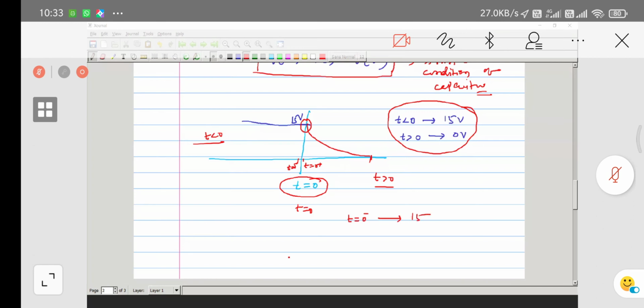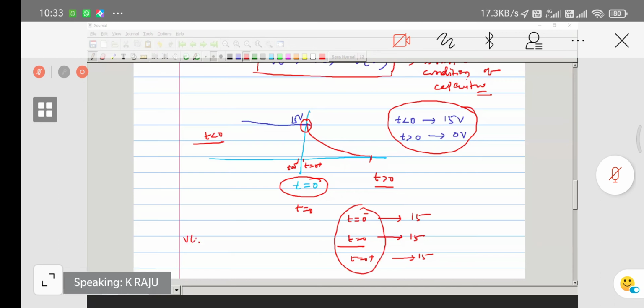At t equal to 0 also, the voltage across the capacitor is 15. Just after, the voltage is 15. So we can say V of 0, the voltage across the capacitor under initial condition, is 15 volts.